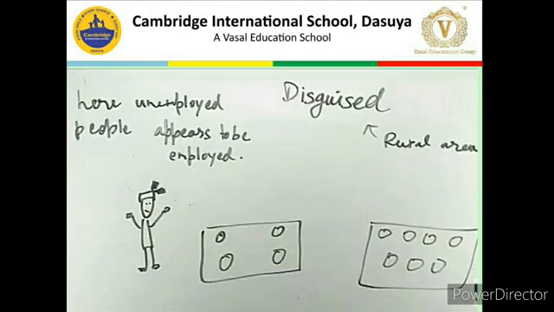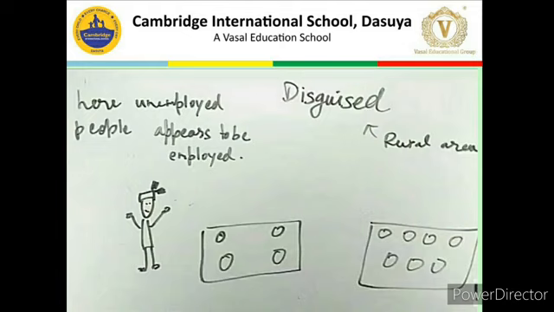3 people are extra. These 3 people also work in the same plot as the others. The contribution made by the 3 extra people does not add to the contribution made by the 5 people. If 3 people are removed, the productivity will not decline. Productivity will remain same.